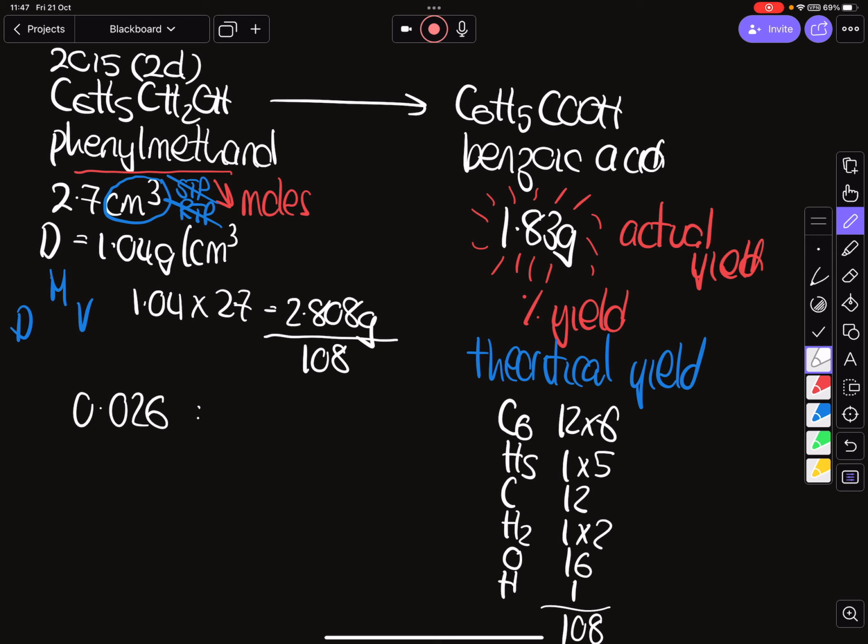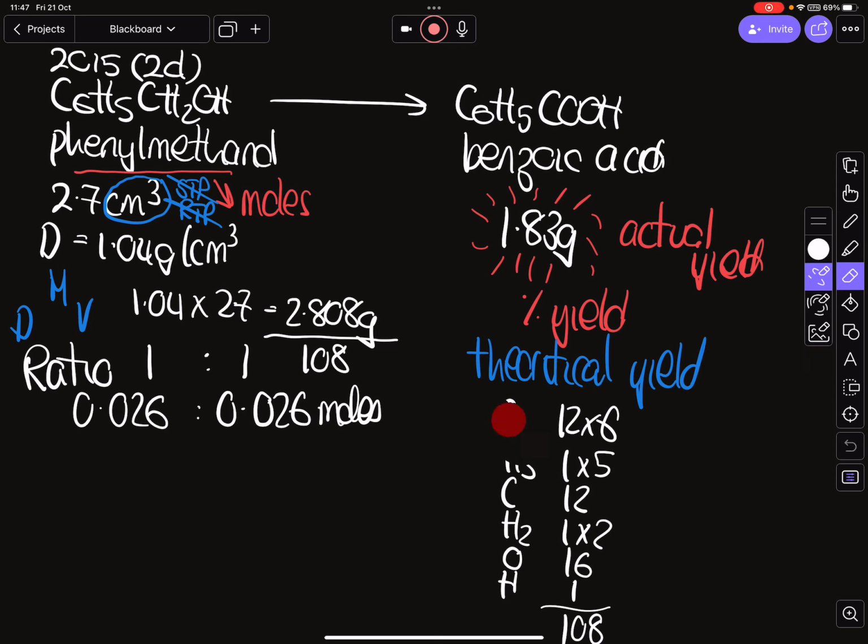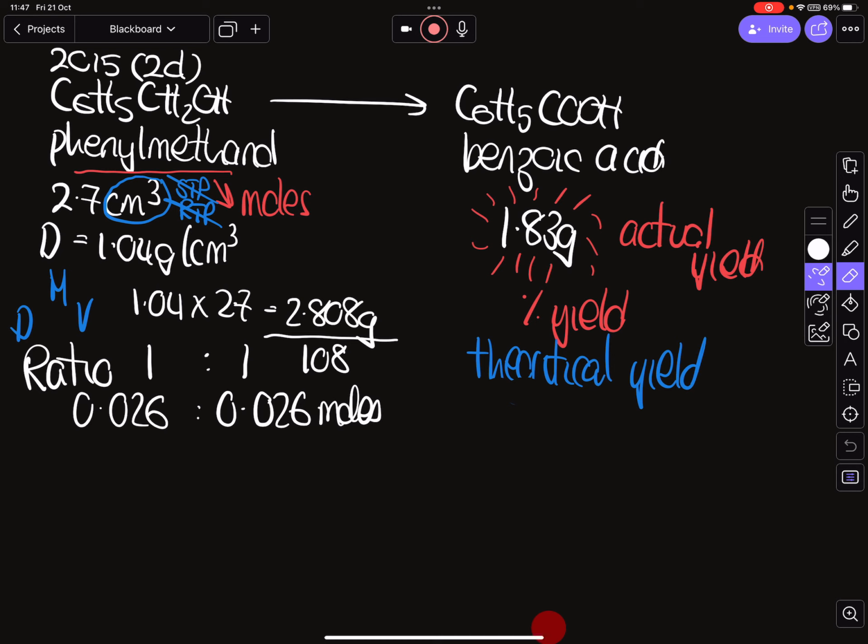So we never said what our ratio was. Our ratio above is a 1:1. So if I have 0.026 moles of phenylmethanol, I have to have 0.026 moles of benzoic acid, and we need to turn that into grams. And for us to do that, again, we have to calculate molar mass.